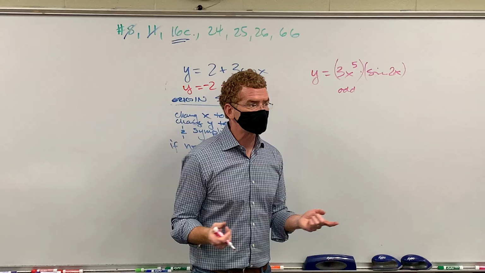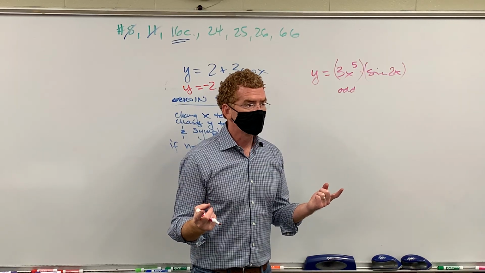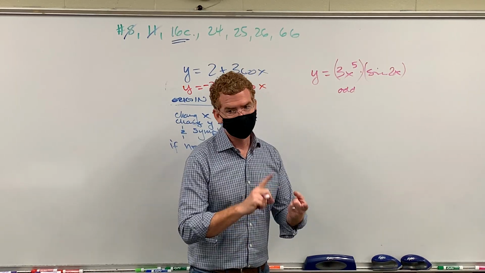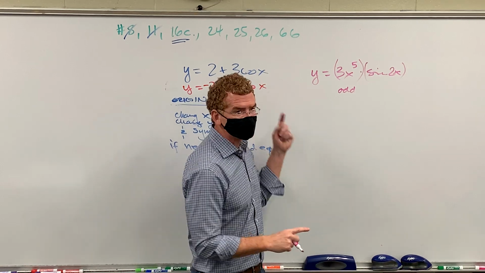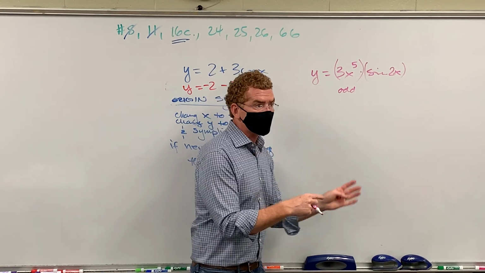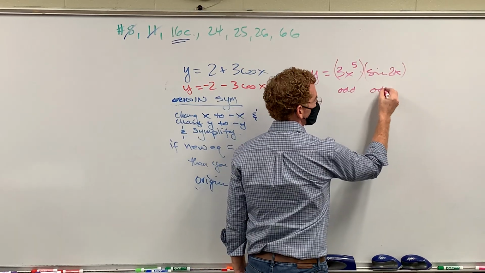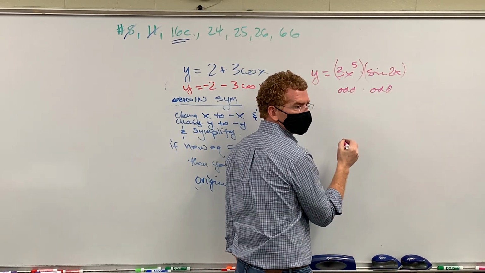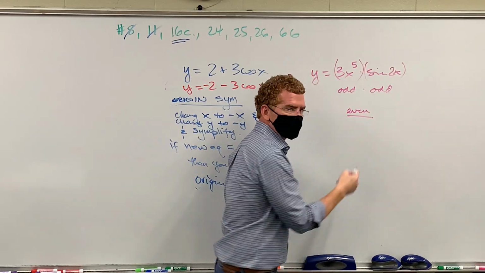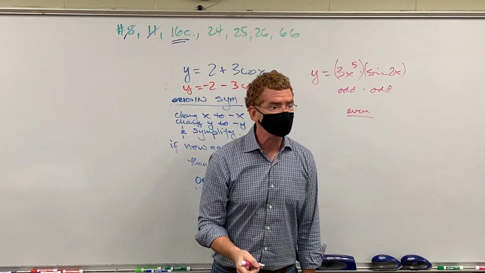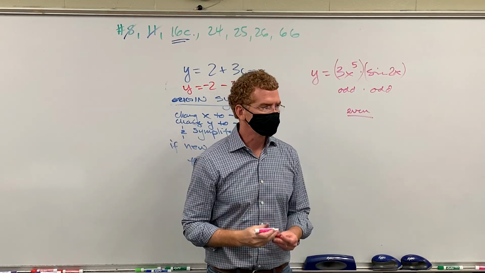What do you know about the sine curve? The only trig functions that are even are cosine and secant. So everything else is odd. Sine is odd. What's an odd times an odd? Even, because it's like a negative times a negative. That's an even function. And if it's an even function, it has y-axis symmetry.